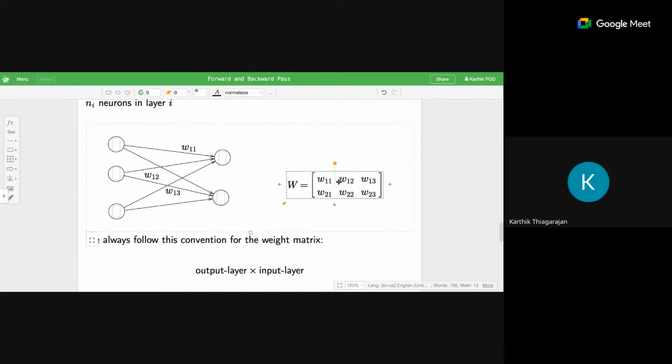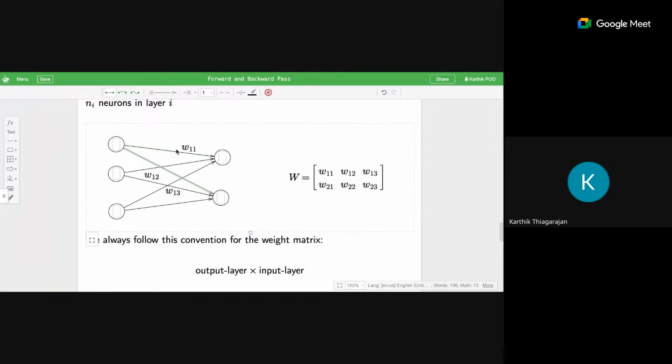Okay, so is this part clear? The first row corresponds to the first output neuron, the second row corresponds to the second output neuron. So the rows will give you all connections leading into some output neuron. Likewise, the columns will give you all connections going out of an input neuron. For instance, if you look at W11 and W21, W11 is this, and W21 will be this one.